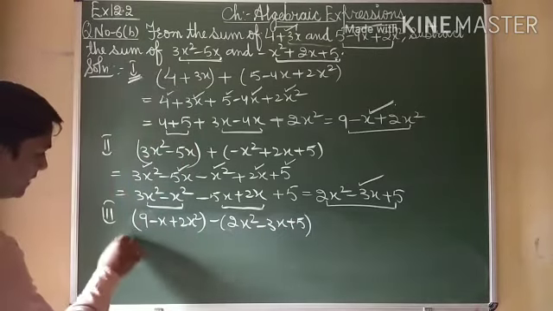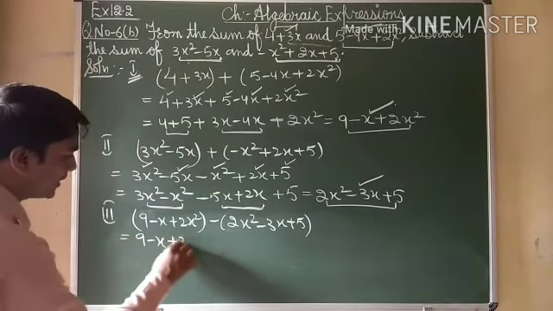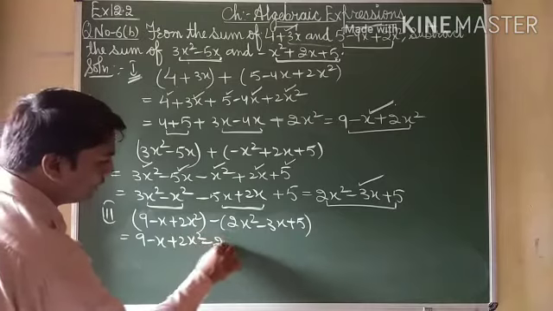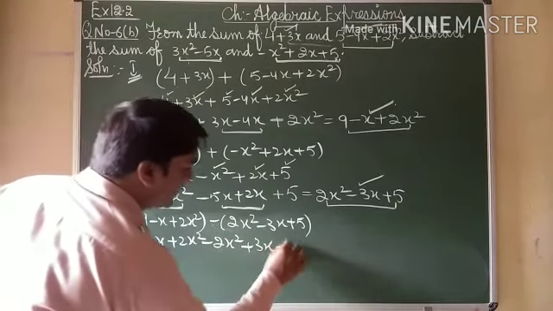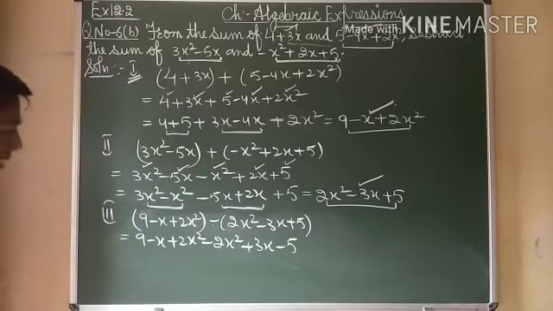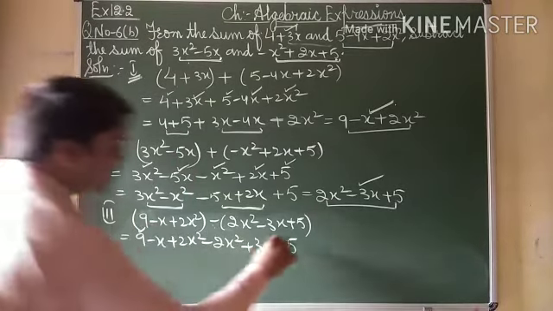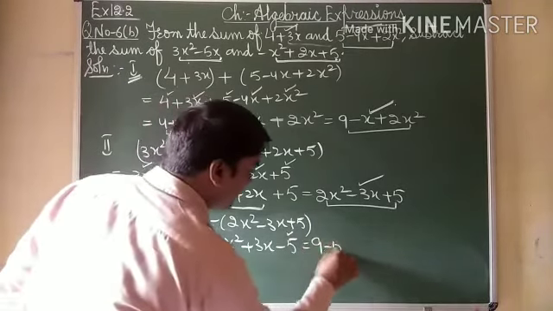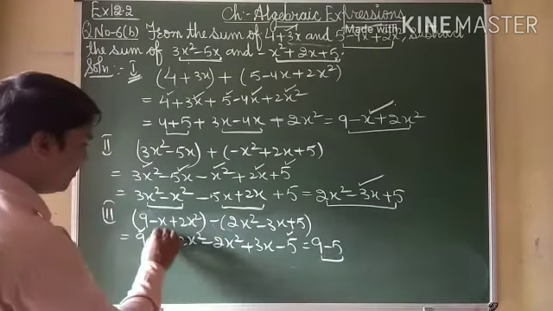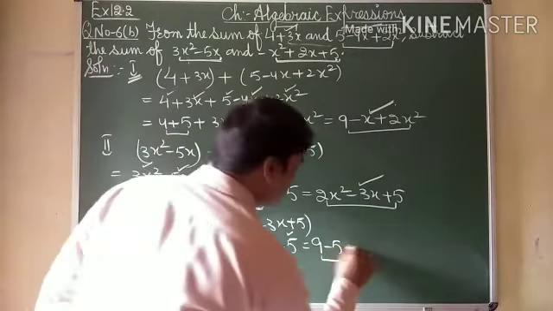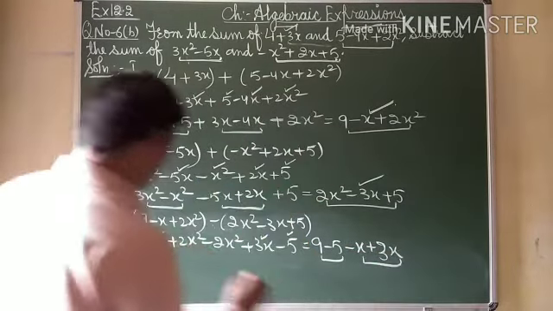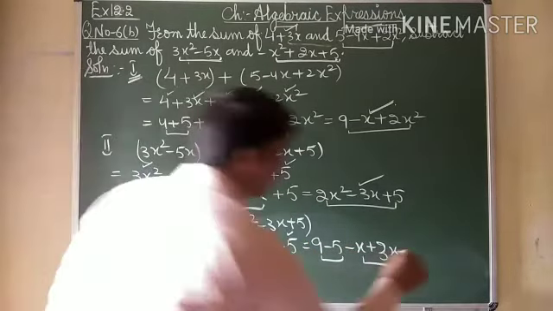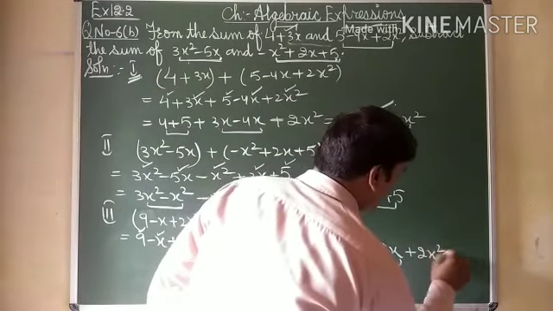Now open the bracket, we get 9 minus x plus 2x square minus 2x square plus 3x minus 5. Now combine the like terms, we get 9 minus 5 be the first group of like terms, minus x plus 3x be the second group of like terms, 2x square minus 2x square be another group of like terms.